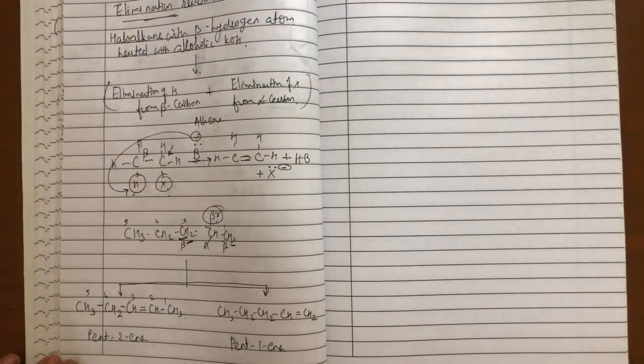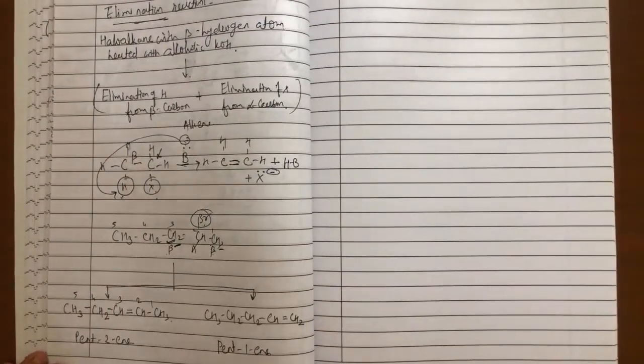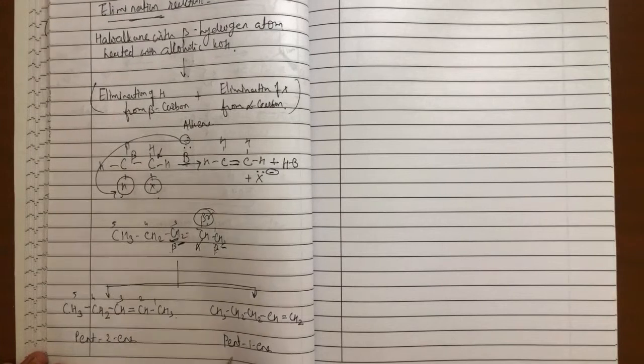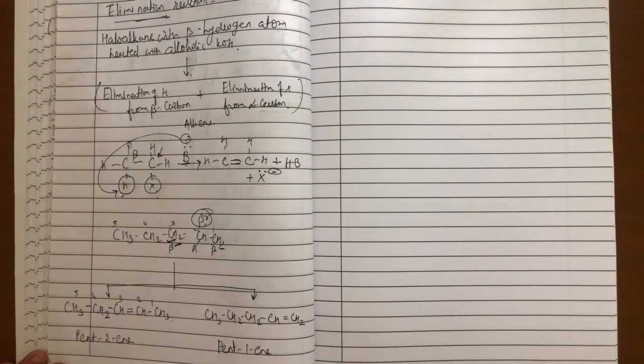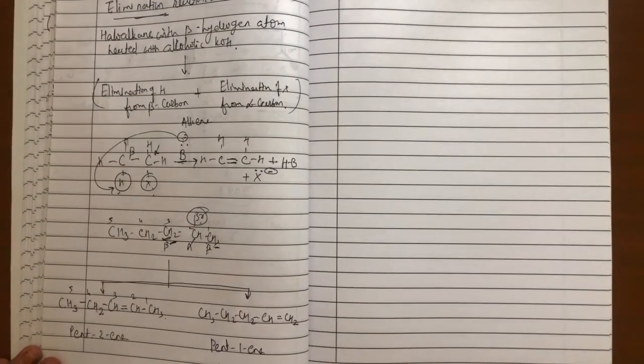So there is a possibility that there is formation of either pent-2-ene or pent-1-ene. Which one will form in more quantity? So the one which is more stable will form in higher quantity. We know that rule. The one which is more stable will form in higher quantity.